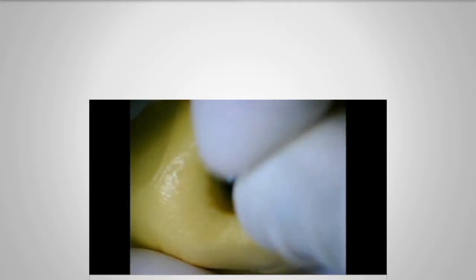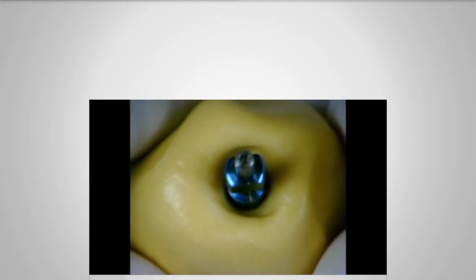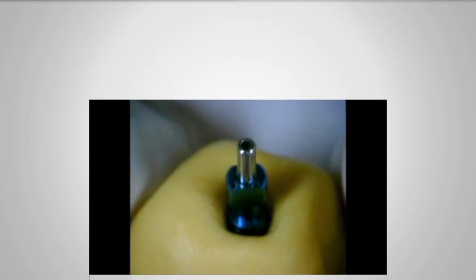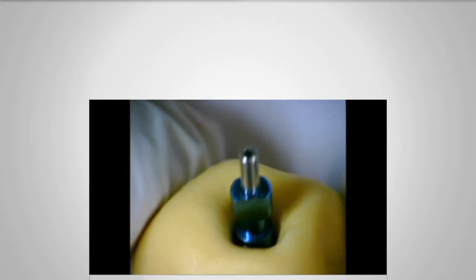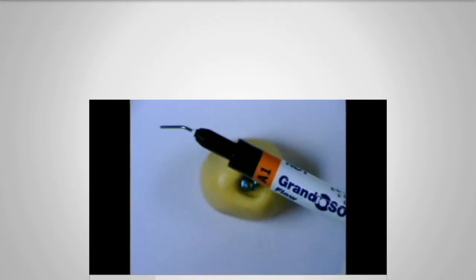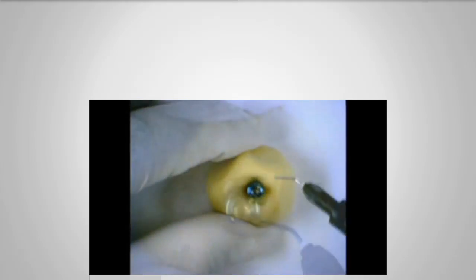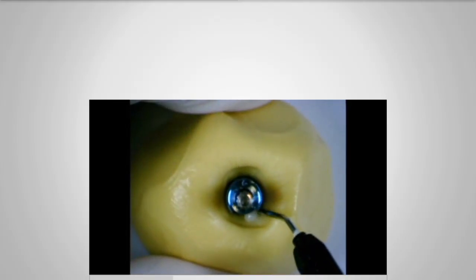You place a pickup impression coping on that analog that's in the putty. Then you can either use a flowable composite, that's pretty quick, or you can use a GC resin or another type of resin to fill in this void. I'm using the flowable composite. Inject it in there. You might do it in a few increments to make sure that you get it light cured all the way down to the base.